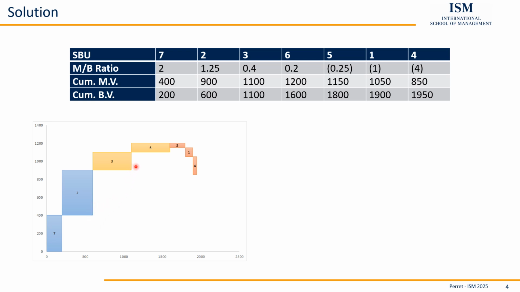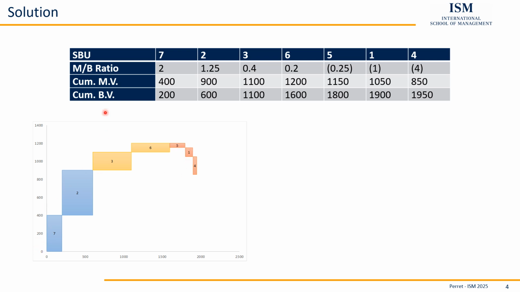That's here. 1600, 1800, 1900, and 1950. So the cumulated book values mark the lower boundary of these boxes which represent the different business units.